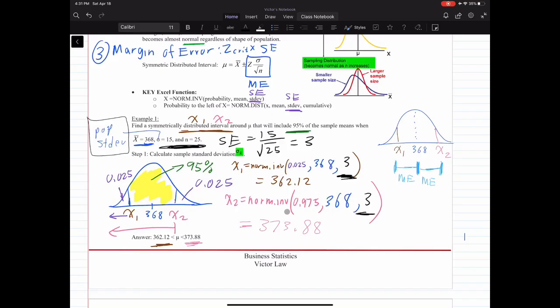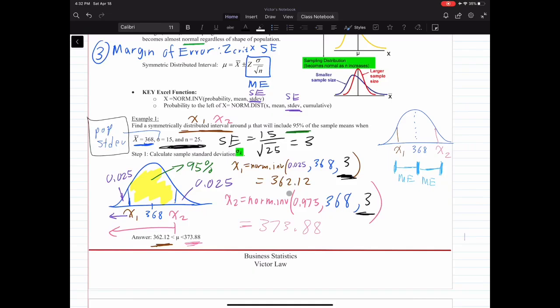As mentioned earlier, our probability to the left of x2 is 97.5%. We get the 97.5% because the probability to the left of x2 is your 95% plus your 2.5%. Then your mean is 368, no change there, and your standard error is 3, no change there.